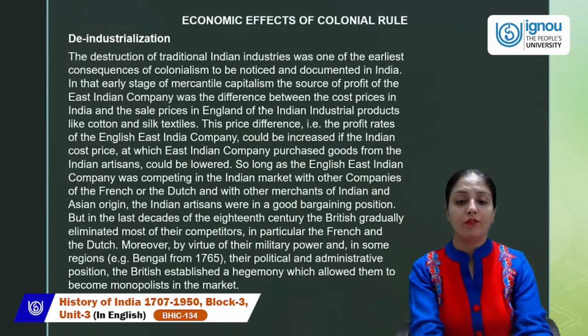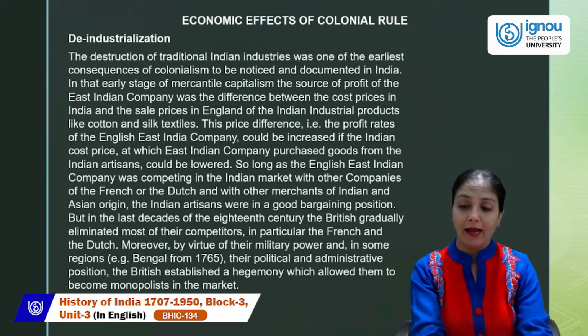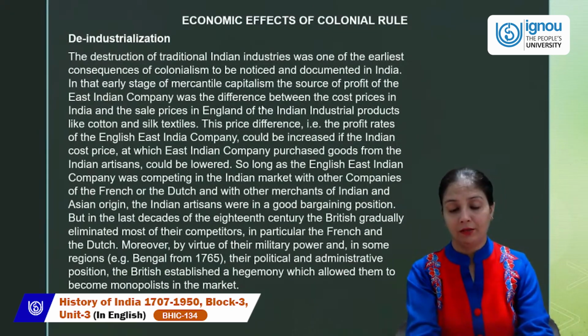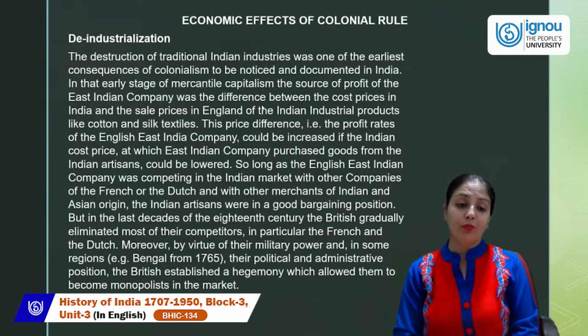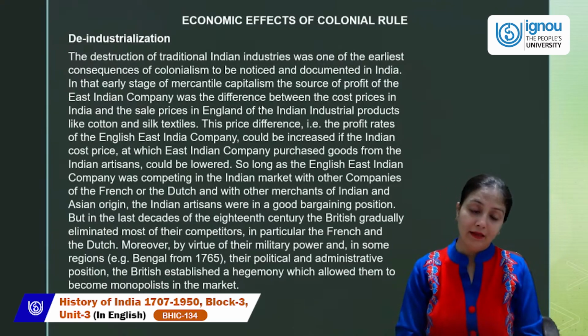Moreover, by virtue of their military power and in some regions their political and administrative position, the British established a hegemony which allowed them to become monopolists in the market.